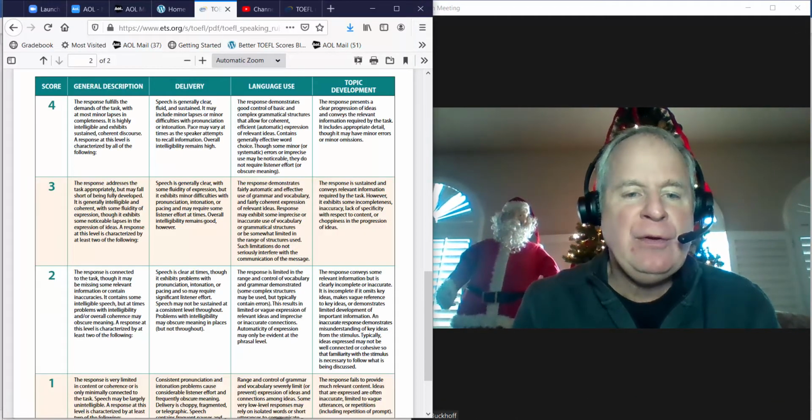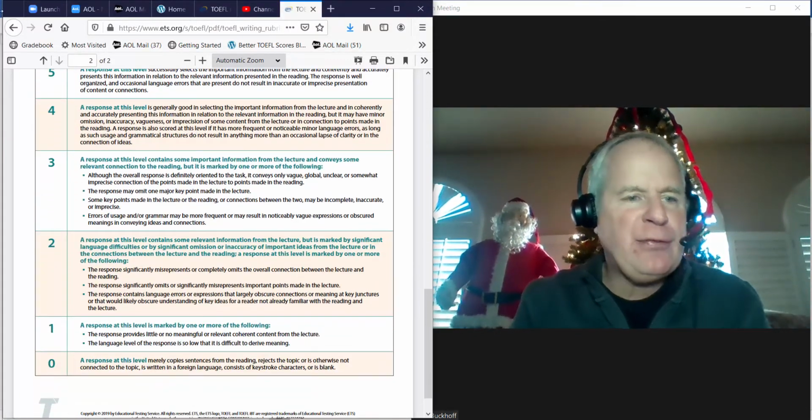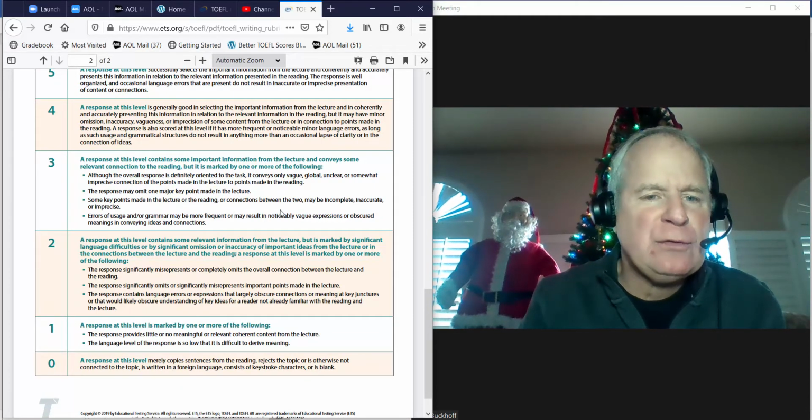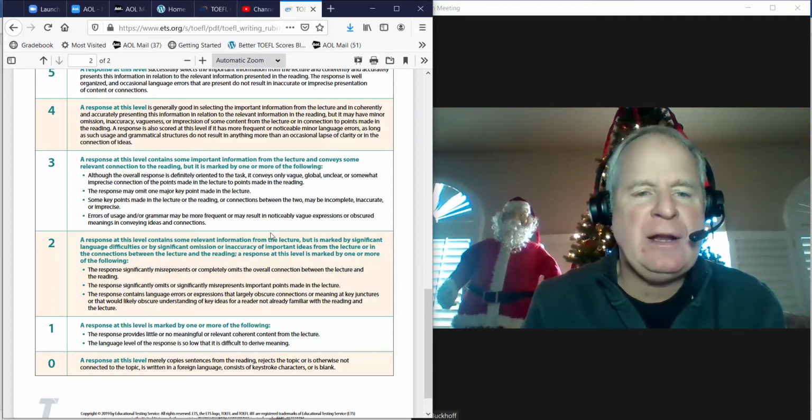So if you look at the rubrics, in the 3 area you have errors of usage and grammar that may be more frequent or may result in noticeably vague expressions or obscure meaning in conveying ideas and connections. So I think the grammar, to some extent, did cause a little bit of a problem in some areas of your writing task.